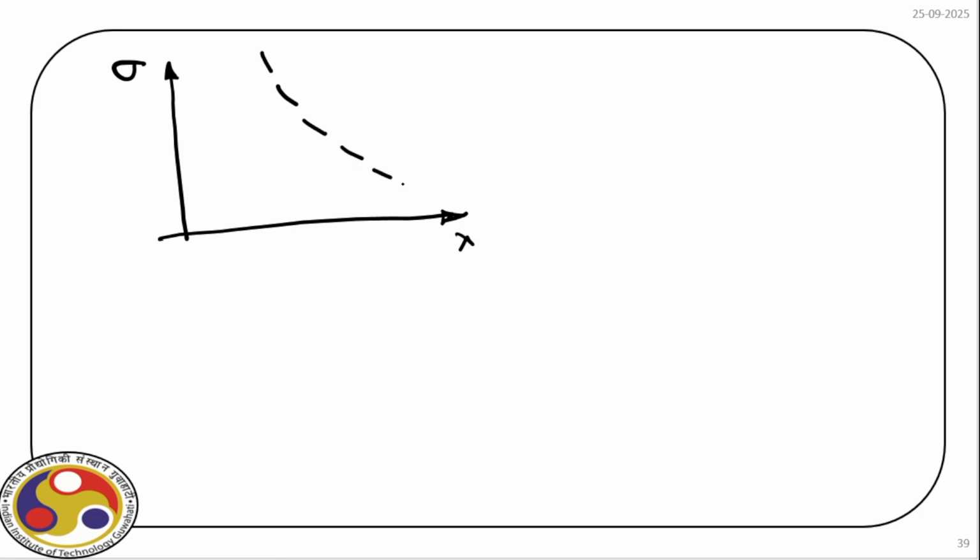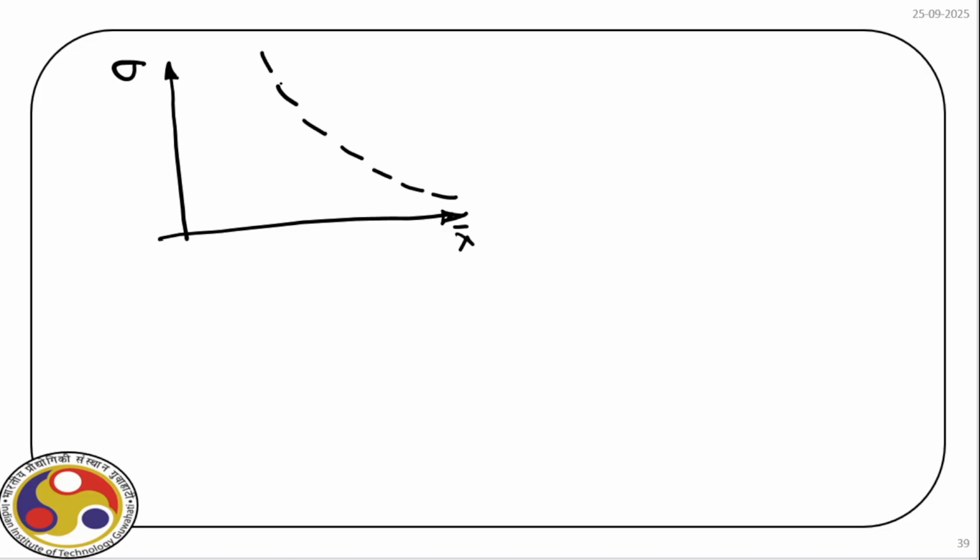Now, if we plot the stress versus lambda, this is lambda bar, actually the slenderness ratio.